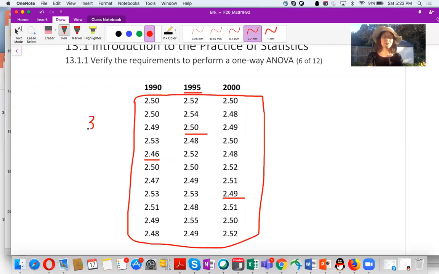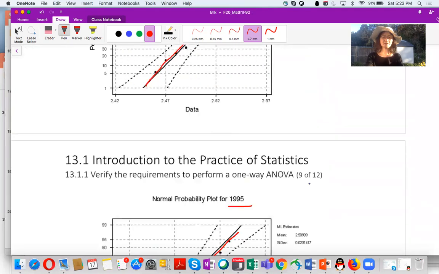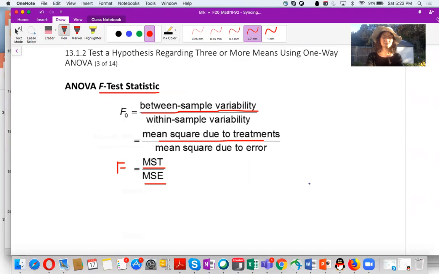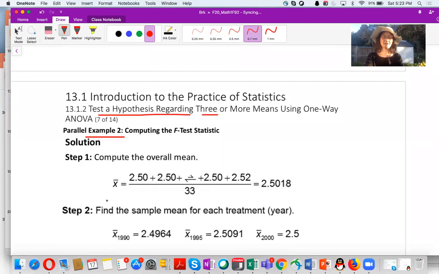There are 33 data here. So you add them all, divide by 33, and that is your X bar, step 1. Add all data together, divided by 33, and you get 2.5018.